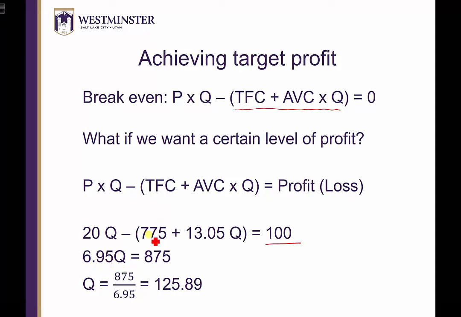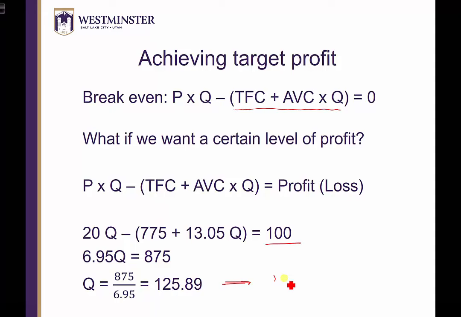We took the negative 775 and brought it over here, added it to both sides, so we have positive 875. And that then lets us divide so that we can normalize on Q, dividing both sides by 6.95, such that we've got 875 divided by 6.95, which is then 125.89.